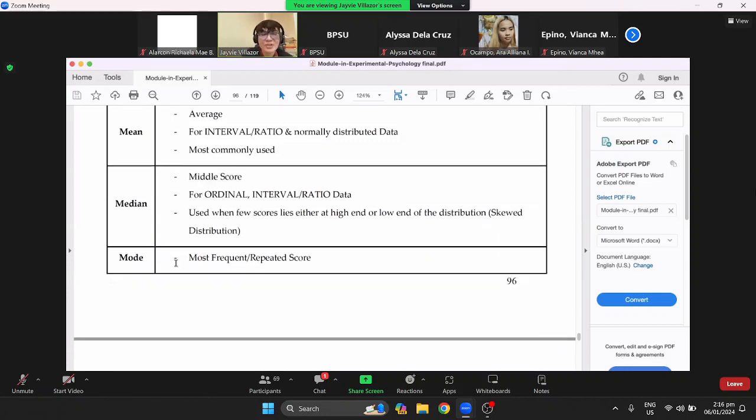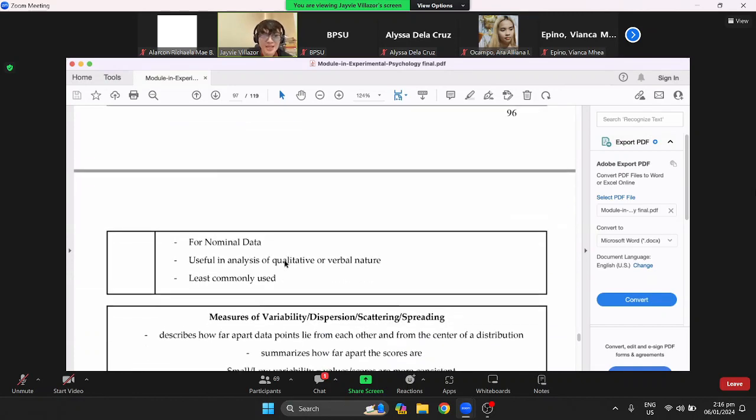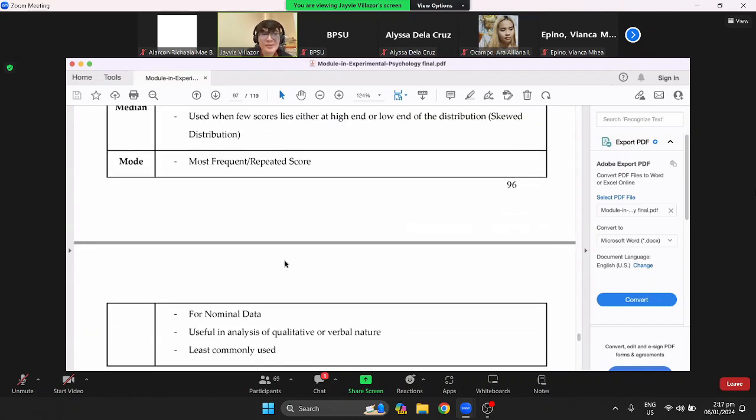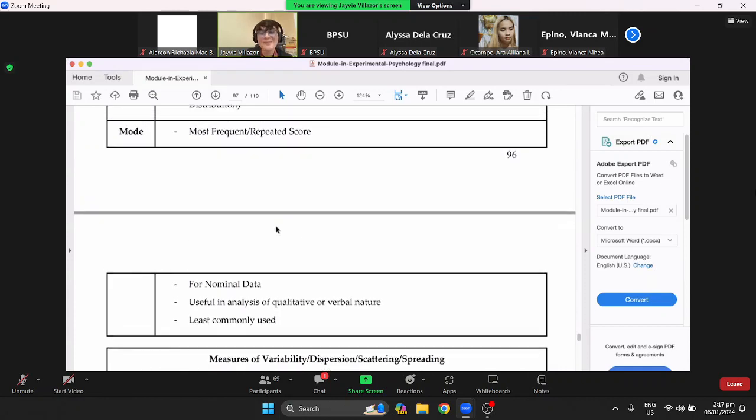And again, when we talk about mode, it has something to do with the most frequent or repeated score. Usually, mode is utilized for nominal data. It's a very useful analysis for qualitative research. Last time, in our workshop, we discussed phenomenological, case study, narrative, and grounded theory.